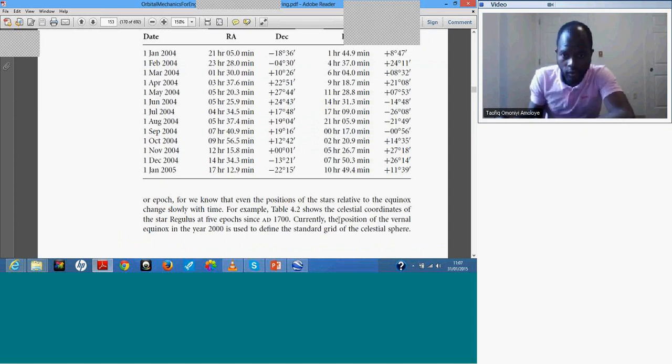It shows the celestial coordinates of the star Regulus at 5 epochs since AD 1700. So people had already started making correct observations of the night sky, and studying the orbits and processes of heavenly bodies that long ago. Currently the position of the vernal equinox in the year 2000 is used to define the standard grid of the celestial sphere.